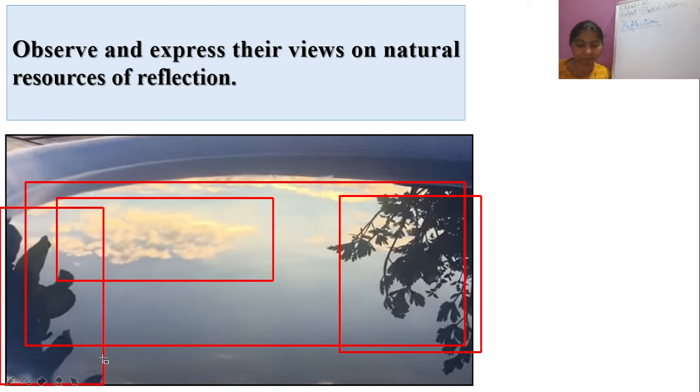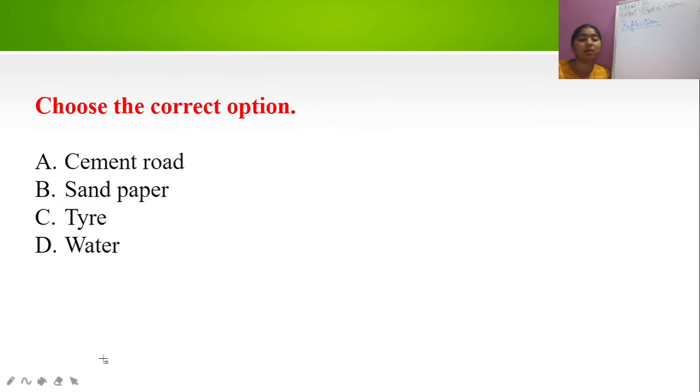So students, your turn. You have to choose the correct option. Tell me, which of the following is a reflecting surface? The question and the four options are on your screen.